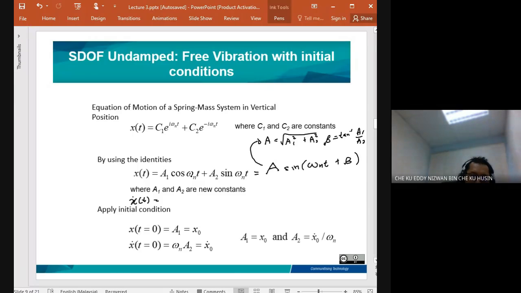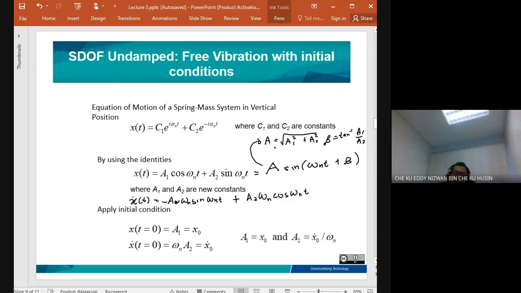We differentiate cos, we get minus sine, so minus A1 omega n sine omega n t plus A2 omega n cos omega n t. This is the velocity equation for the single degree of freedom spring mass system.